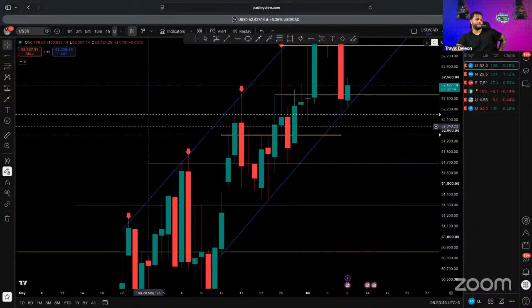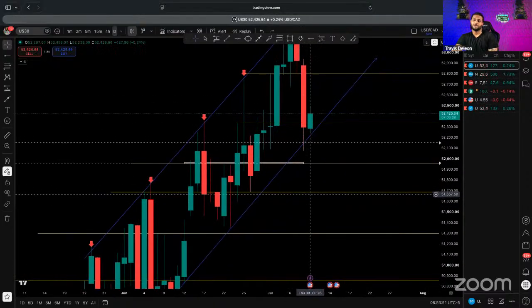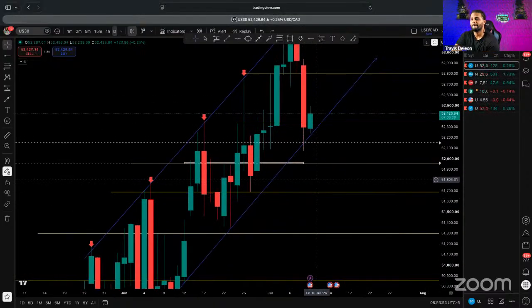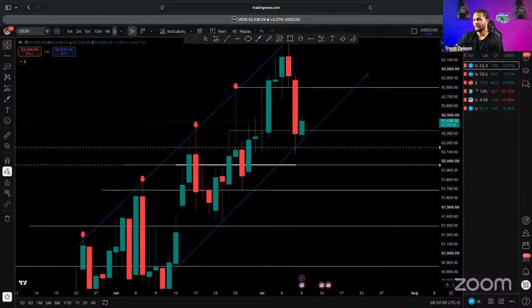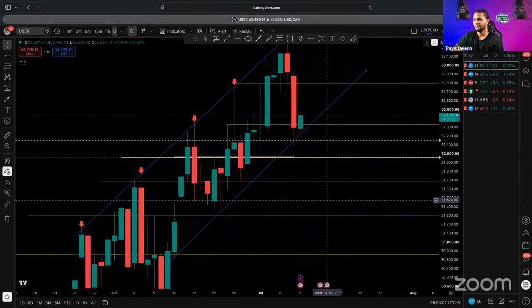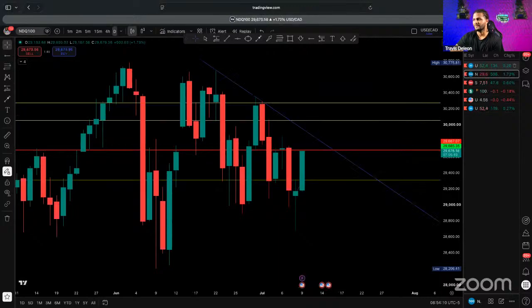Normally, they all sell off during this time, but we tend to see more selling pressure on US 30 since recently. So I'm not really focusing on NAS 100 right now. I think there's a lot of manipulation going on. So I'm mostly focusing on US 30 right now.